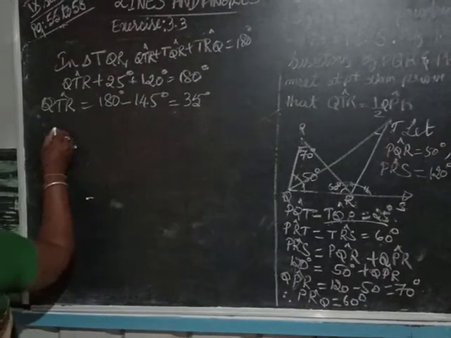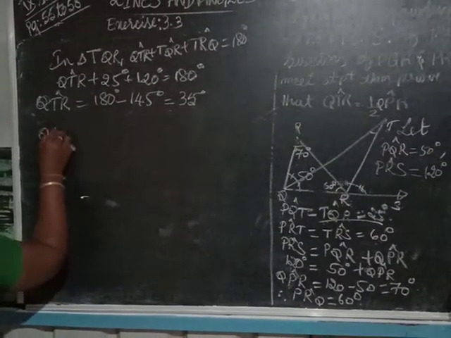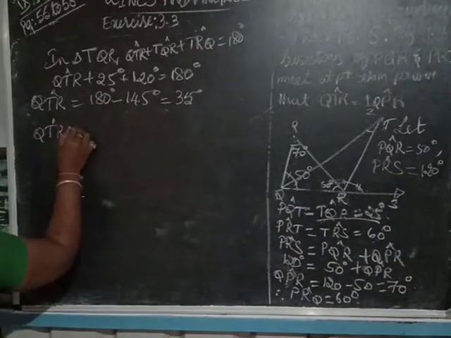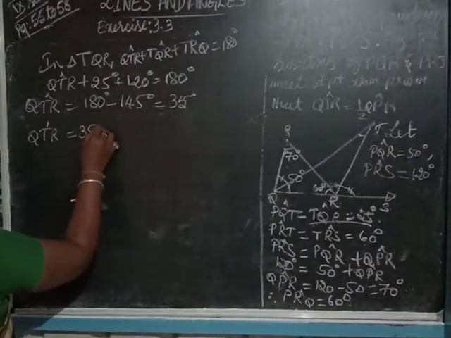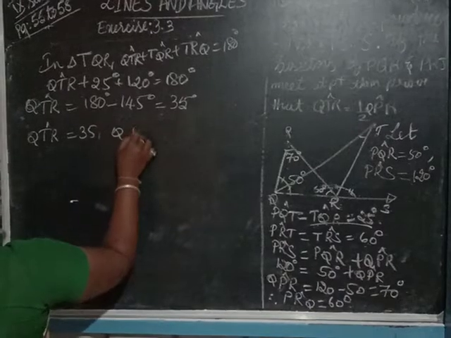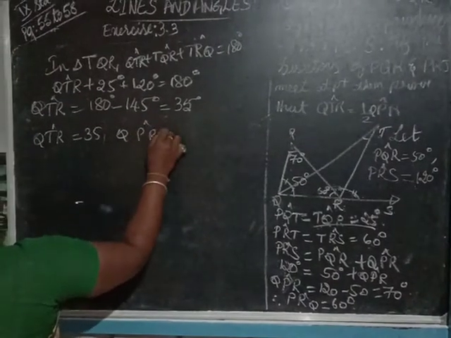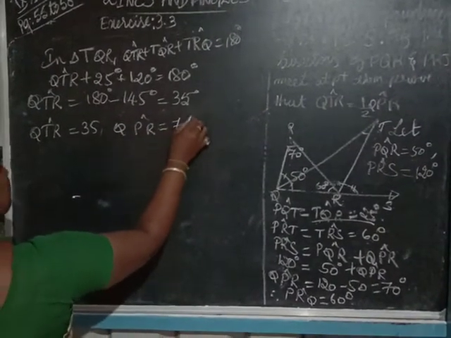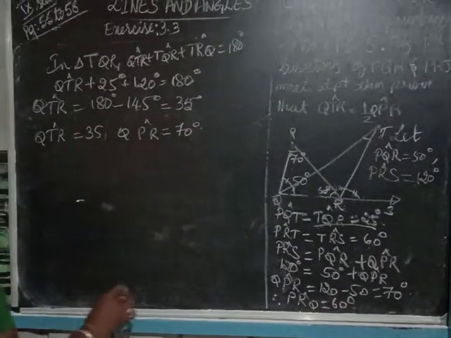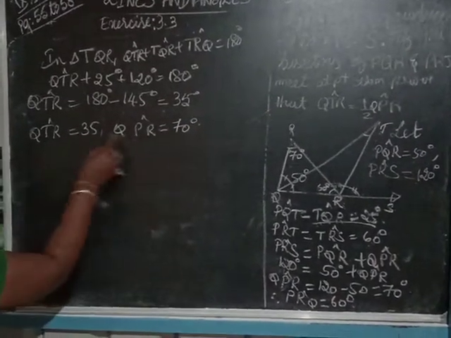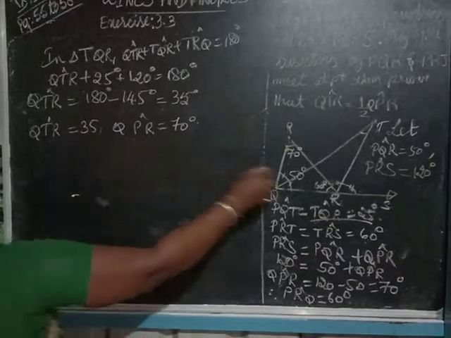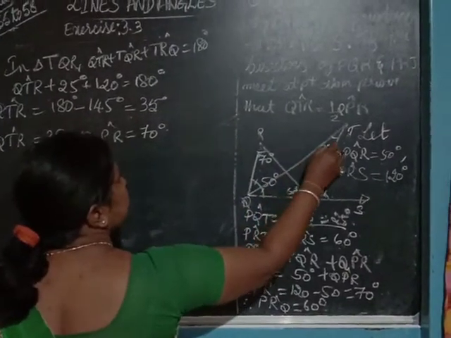See children, QTR is equal to 35 degree and QPR is equal to 70 degree. Okay, now this is QPR is 70 degree, QTR, this is how much we got here? 35 degree.